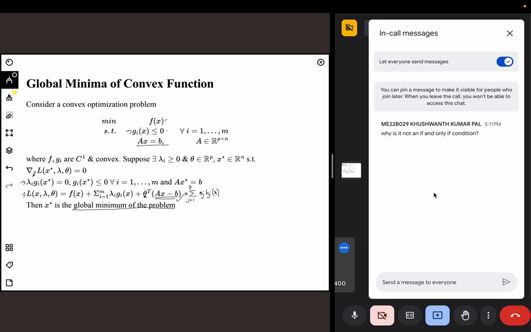You have some question? Yeah. I didn't get your question. So you're saying x square plus y square, let's say f of x. You are saying the objective function is something like this.